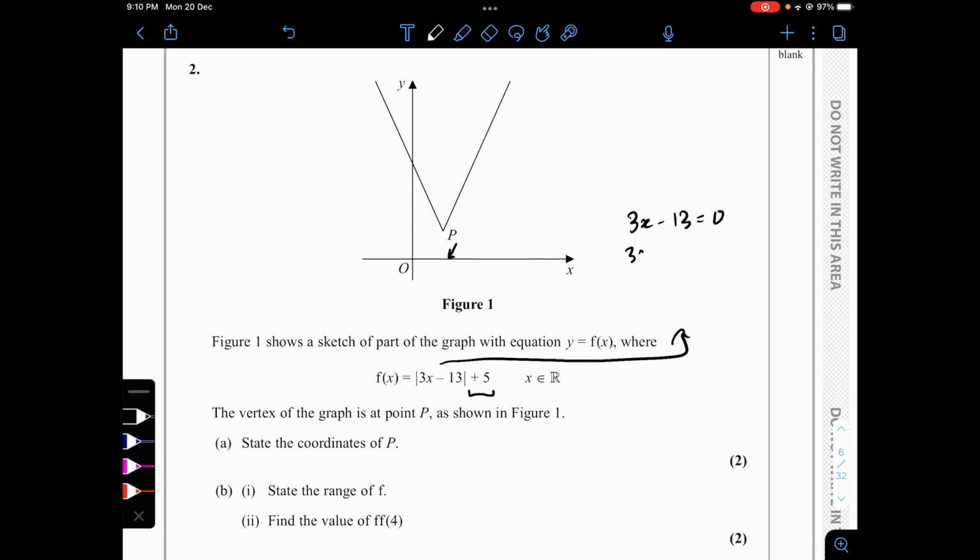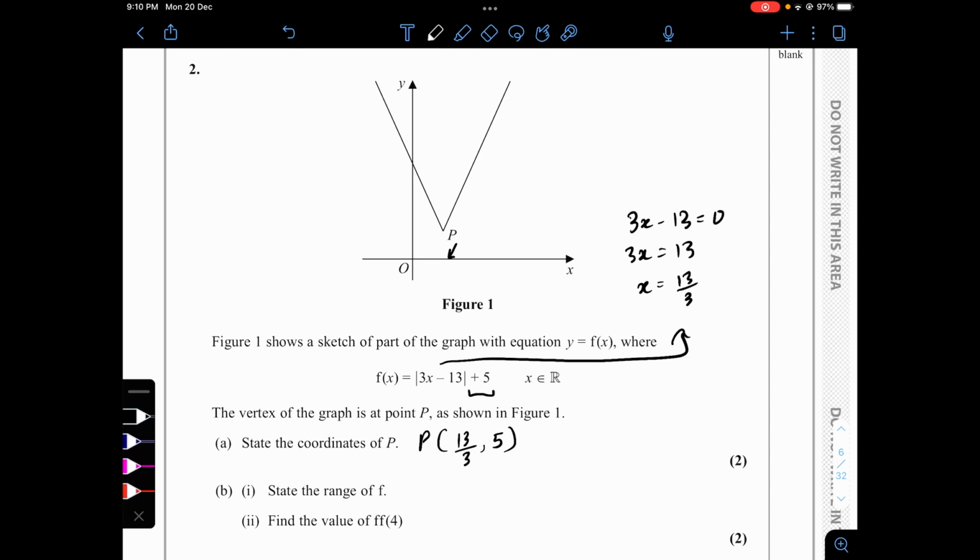So that will be 3x equals 13. So x equals 13 over 3. So what we have done with the plus 5 is just translated this x-intercept upwards. So our final answer for P will be 13 over 3, 5, because this is where it meets the x-intercept.